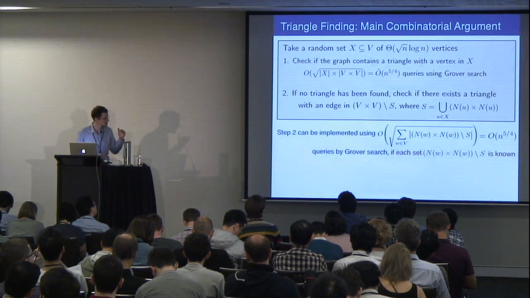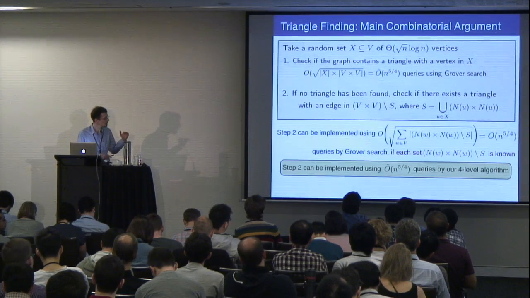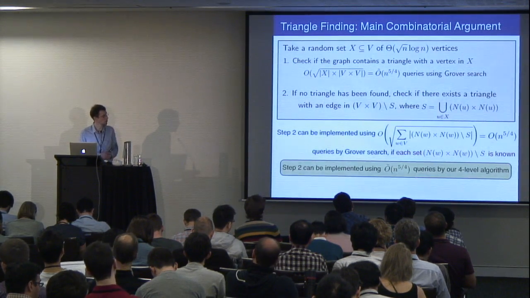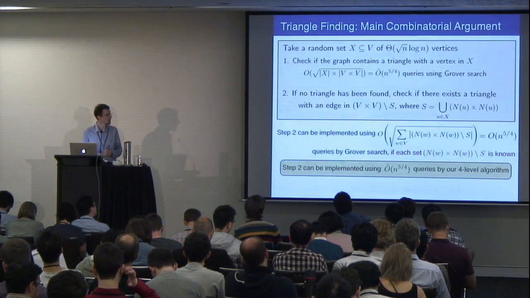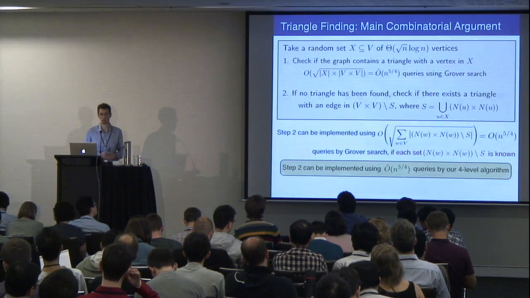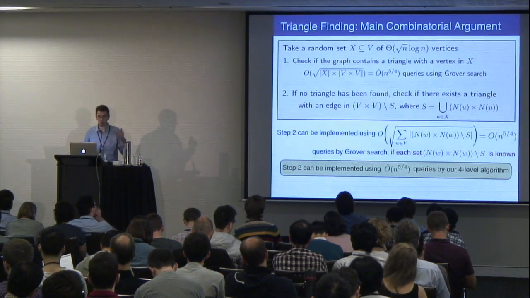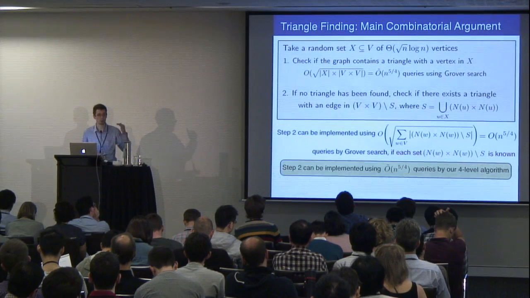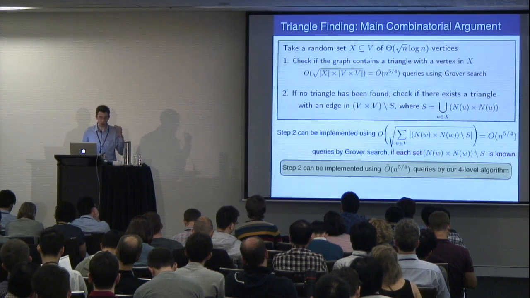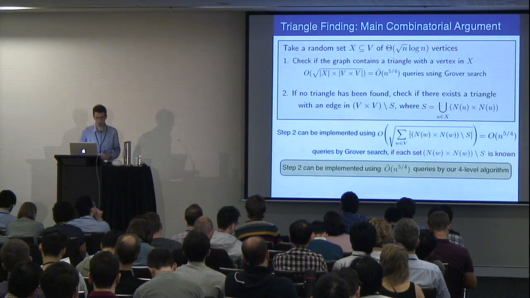But we have shown that we can overcome this difficulty and implement step 2 with essentially the same complexity, n to the 5/4 queries up to polylog factors, by replacing this Grover search by our 4-level quantum algorithm. The main idea was to perform the construction of the relevant part of these sets on the fly, concurrently to the search, by using quantum walks.